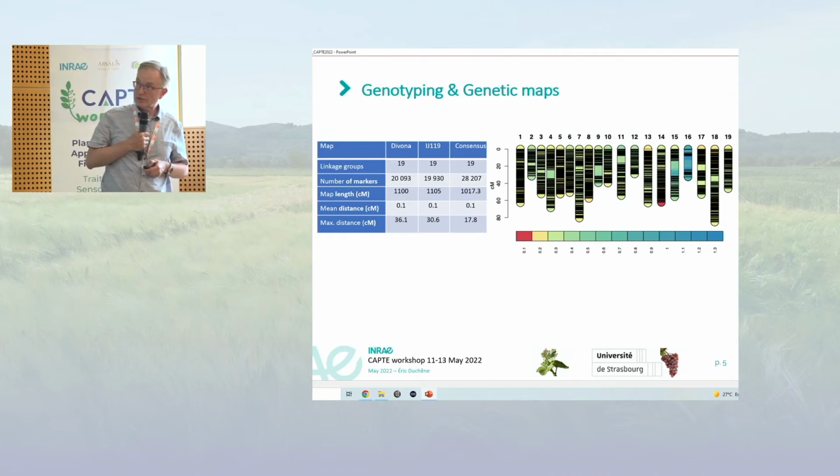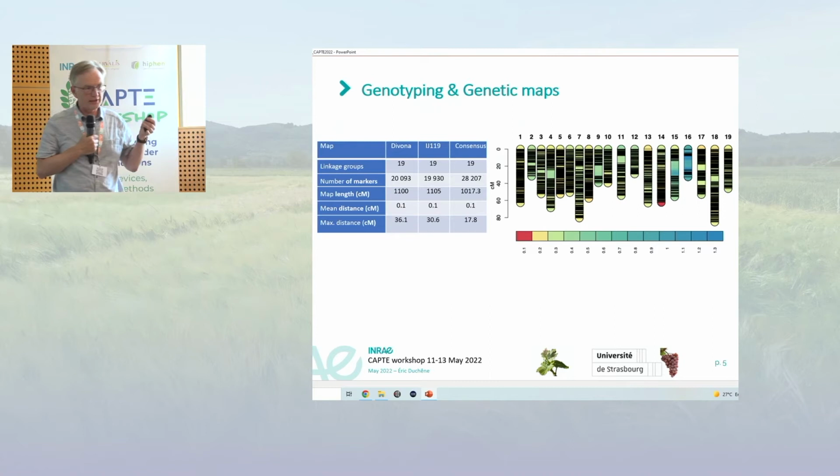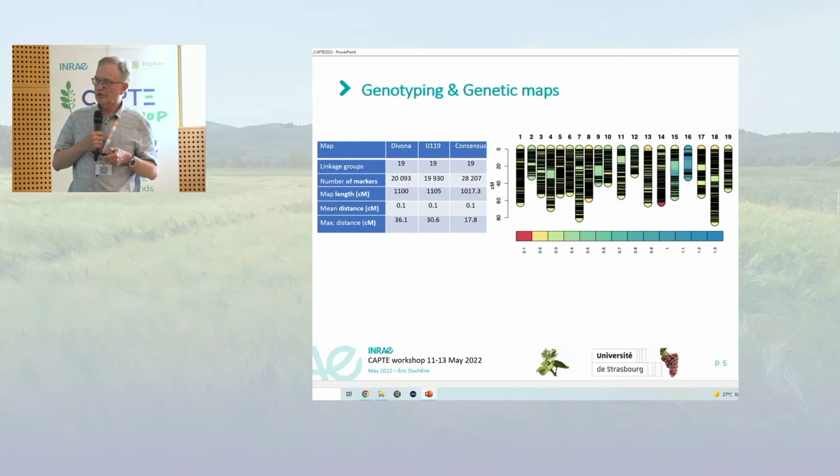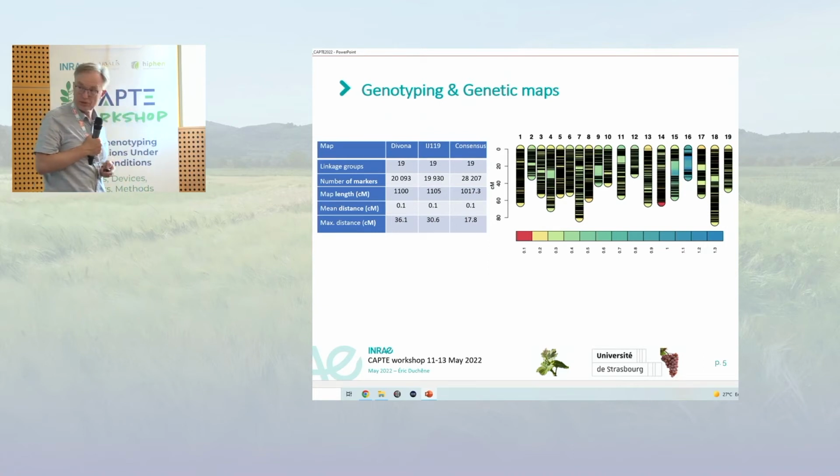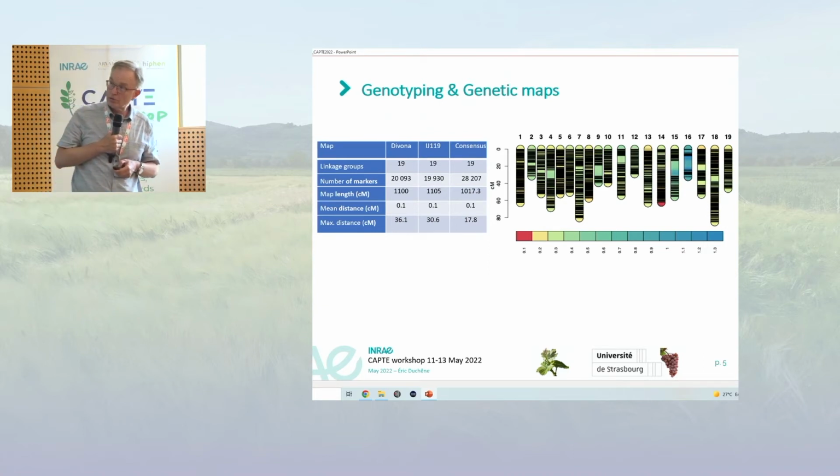With this information, we can build what we call a consensus map, which is a kind of synthesis of the two parental maps. You don't have any important information in this figure, just that we can find, with genetic distance, the 19 pairs of chromosomes of the grapevine, with a very high resolution, which is 0.1 centimorgan.